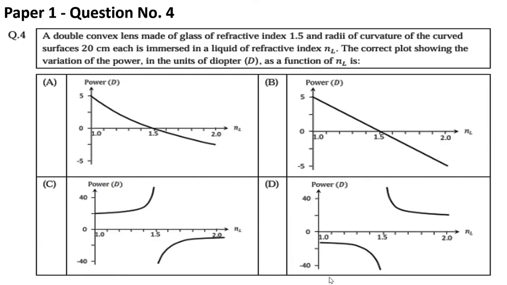Question number 4. A double convex lens made up of glass of refractive index 1.5 and radius of curvature 20 centimeter each, so it's a double convex lens, is immersed in a liquid of refractive index NL.